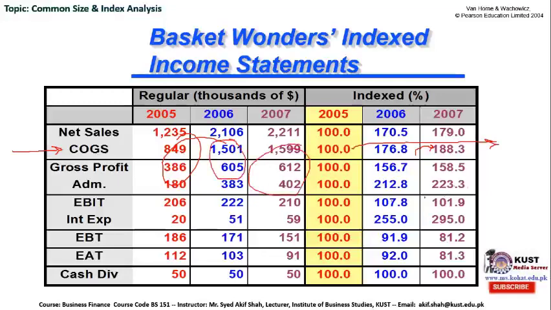However, with the help of trend analysis or index analysis, one can easily compare the company's performance with respect to the base year, and we can also compare these index percentages to other external companies pertaining to the industry to which Basket Wonder belongs. We can also see that the administrative expenses have significantly increased with respect to 2005 of Basket Wonder.